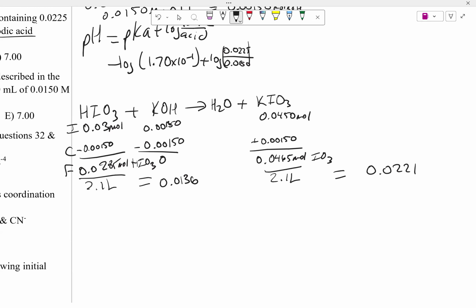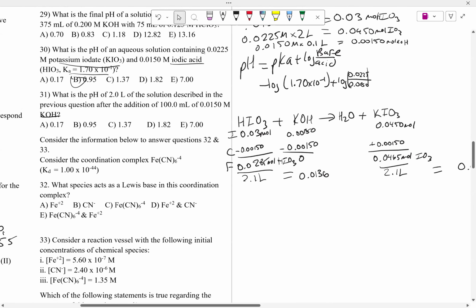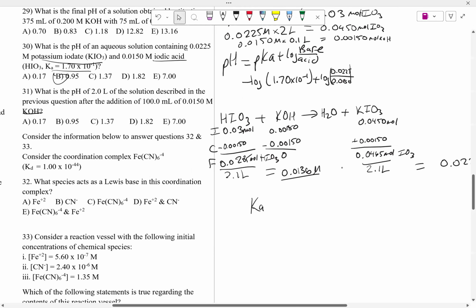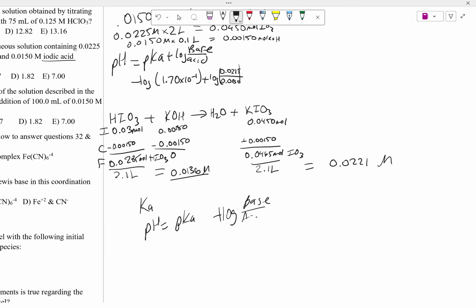Now we can do the Henderson-Hasselbalch. We have the Ka value from the previous question, and the concentrations of both acid and base. pH equals pKa plus log of base over acid. The base in this case is IO3, 0.0221, and the acid is 0.0136.